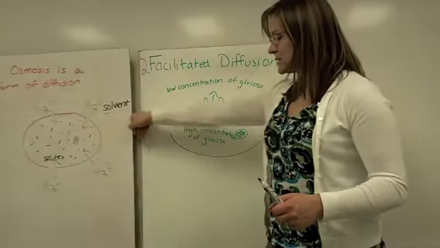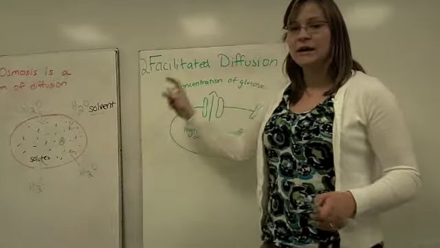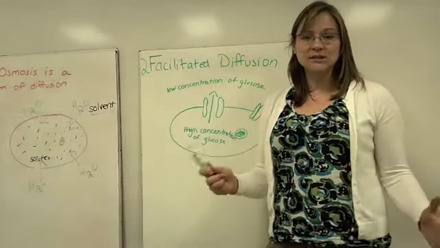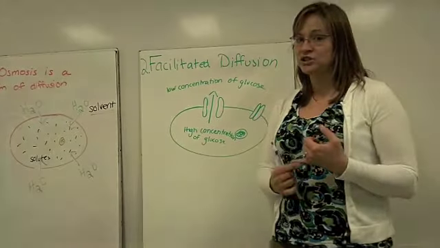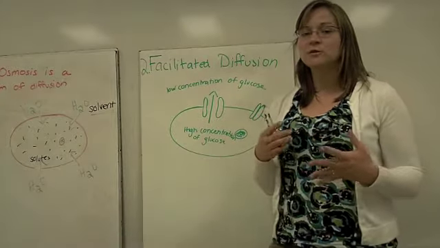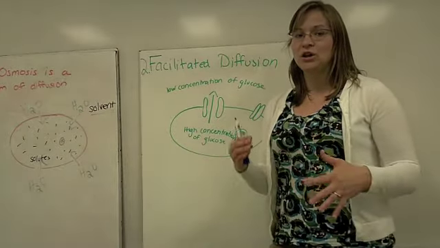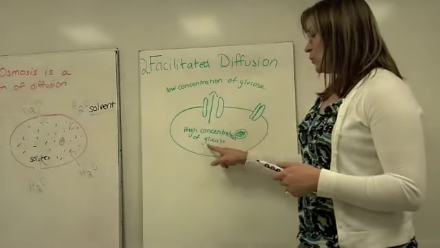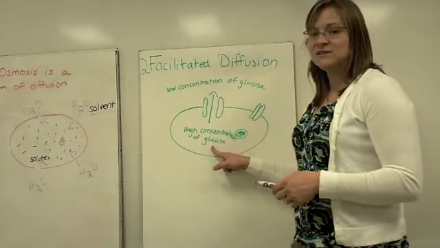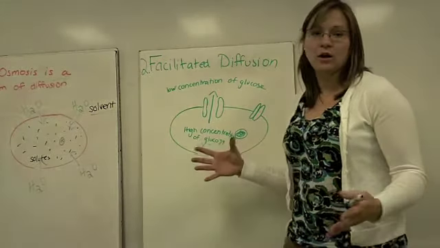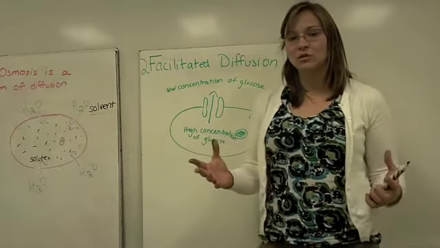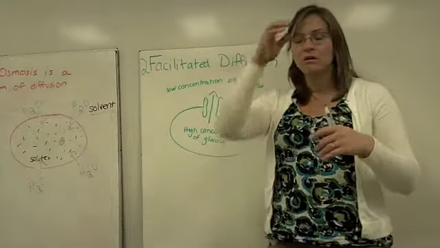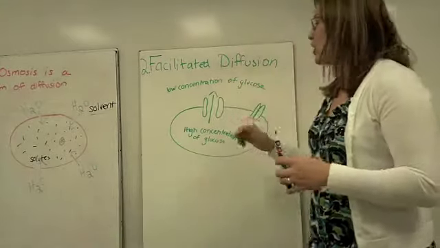So the second type of cell transport is facilitated diffusion. It's just like diffusion. It requires no energy, no ATP. It also moves from an area of high concentration to an area of low concentration. But we're now moving things in facilitated diffusion that are bigger, things that can't pass through the plasma membrane just by bouncing around through the phospholipid bilayer.